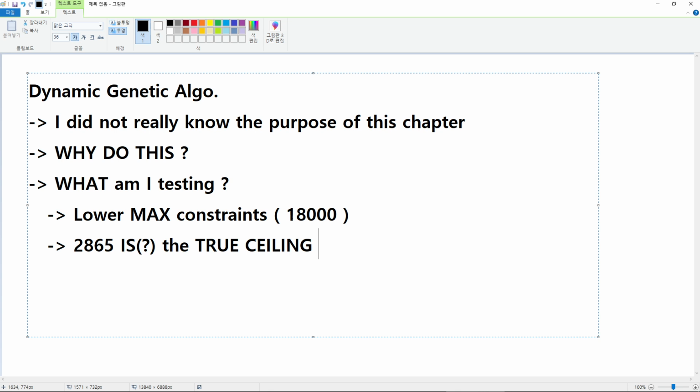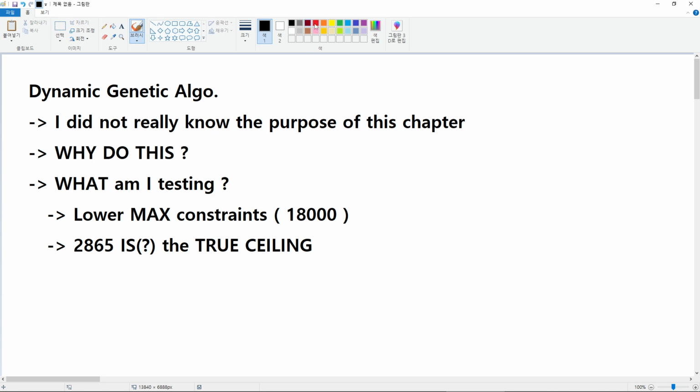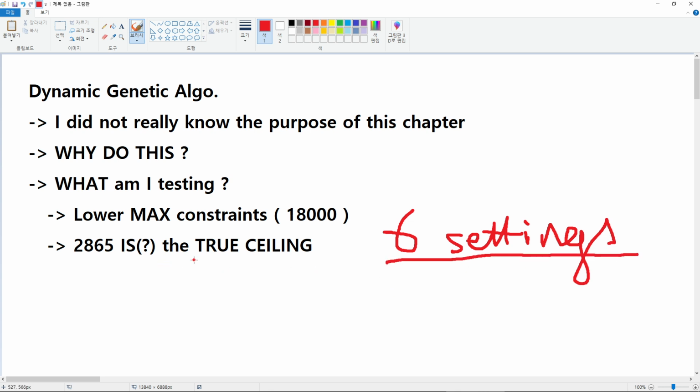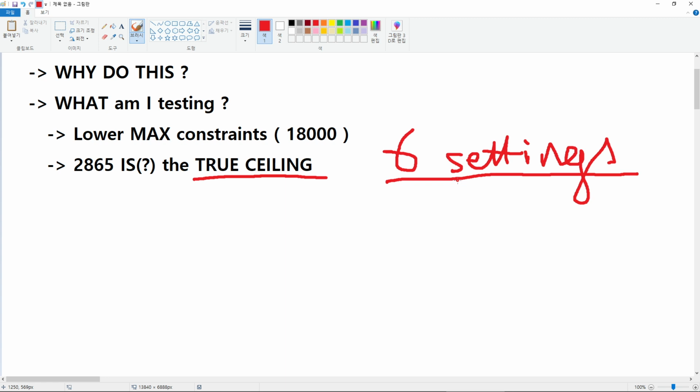So what I can do, with the so-called experiments of these 6 settings, is check if these 6 settings were able to yield entities that converge to the true ceiling.